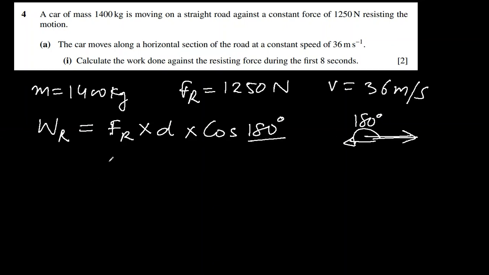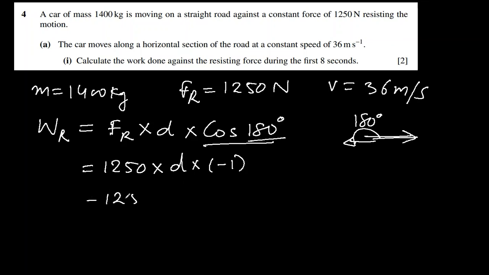That's why I wrote this. So the resistive force is 1250, distance is unknown, we'll keep it for the time being, and cos 180 is -1, so it becomes -1250d.